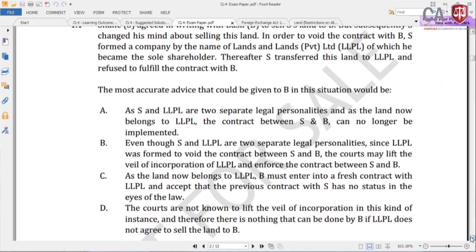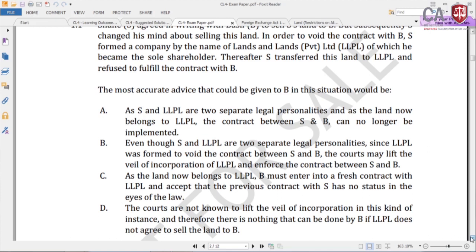So what is the most accurate advice that you can give to Basil in this situation? Now let's look at these things. A, as Shane and LLPL are two separate legal personalities, and as the land now belongs to LLPL, the contract between Shane and B can no longer be implemented.